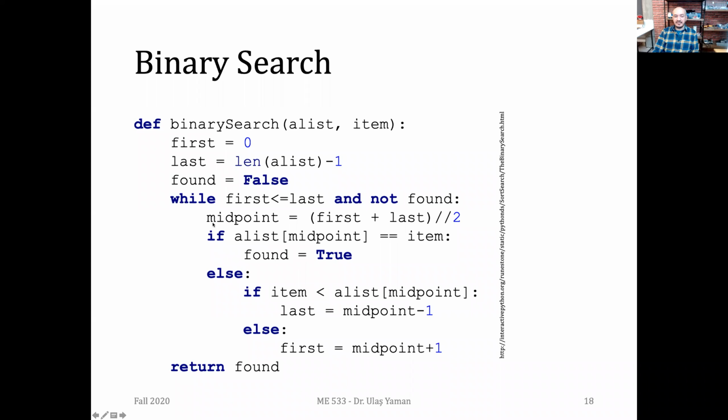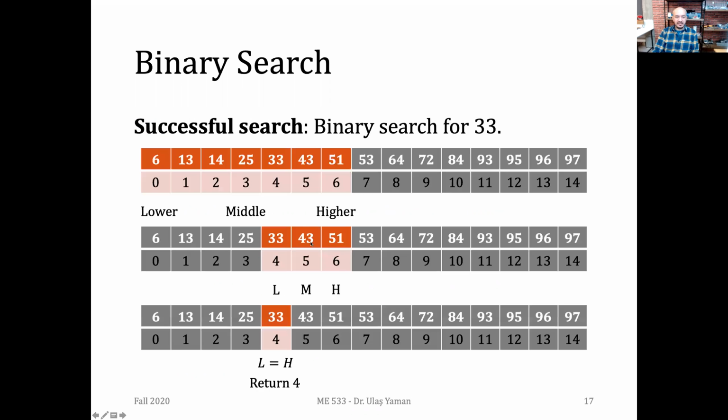This will give us the index of the middle point. And then we check the middle point. So this is our input list. Once you write midpoint here, it will give us, for instance, if you're at this point, 3 will be your midpoint. And once you put it into your list, it will return 25.